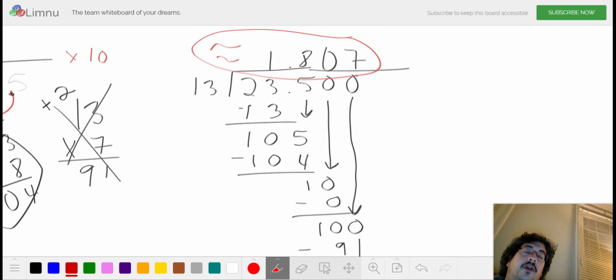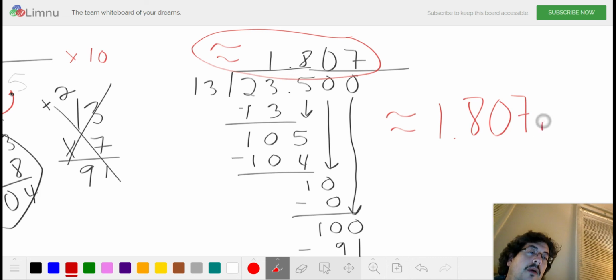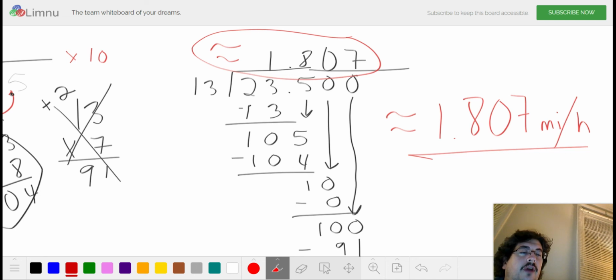And I can be satisfied with saying, well, the speed of this incredible snail is going to be about or approximately 1 and 807 thousandths miles per hour. Now, I'm not quite sure how fast the average snail travels, but I have a feeling that this is pretty fast for a snail. I'd be interested to know if you guys look that up and see how fast the average snail travels.